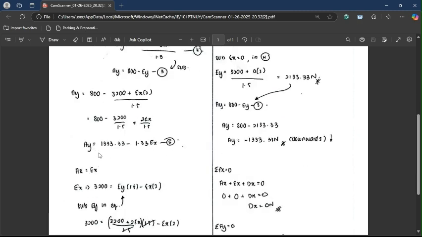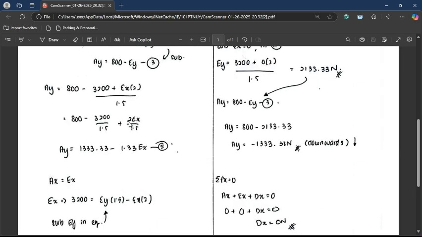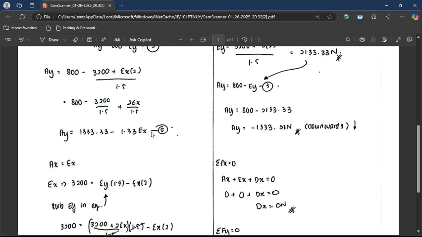Now I'm going to simplify this. Apparently, Ay equals 1333.33 minus 1.33 Ex, since I divided 2 by 1.5, and I labeled it as equation 5.